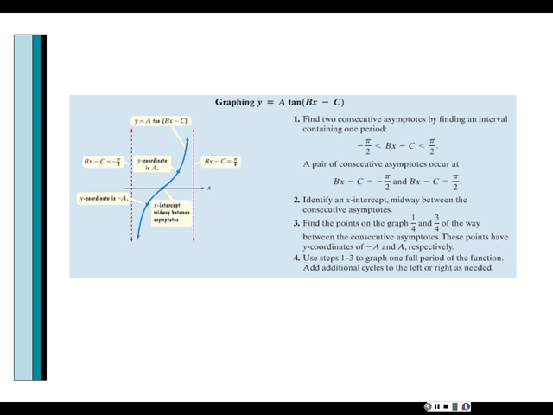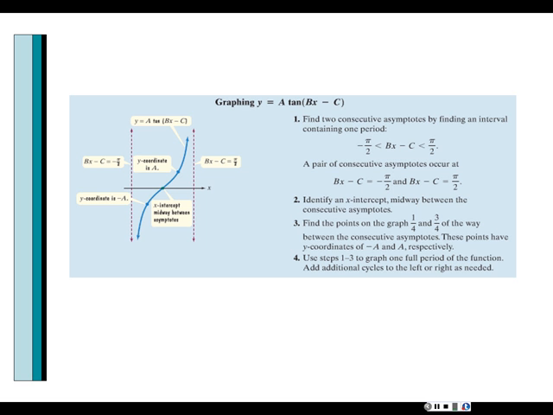So that's why we just pick those 2 points on the x-axis and we draw 2 parallel lines there. These 2 lines are parallel to the y-axis, right? Because they are vertical lines. We basically have drawn 2 vertical lines there because of the asymptotes. Basically, we identify the x-intercept midway between the consecutive asymptotes.